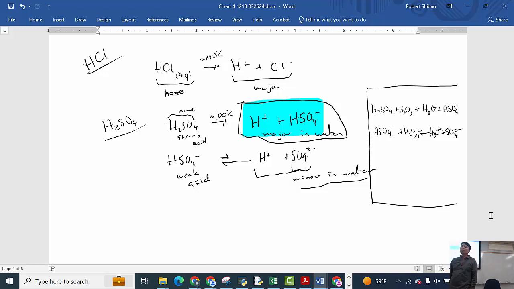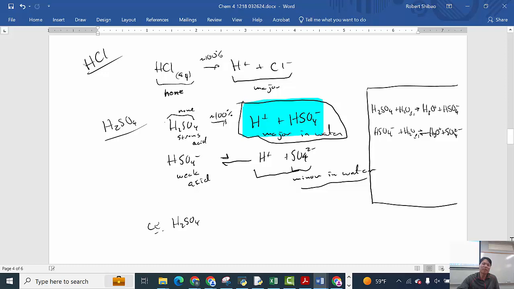But what we're doing in these net ionic equations is looking at the two solutions that we're mixing. One of the solutions is H2SO4, so what's in that beaker of H2SO4? Well, the major species in the beaker of H2SO4 is just H+ and HSO4-. The most common mistake is that people will say both hydrogens completely break off in water.